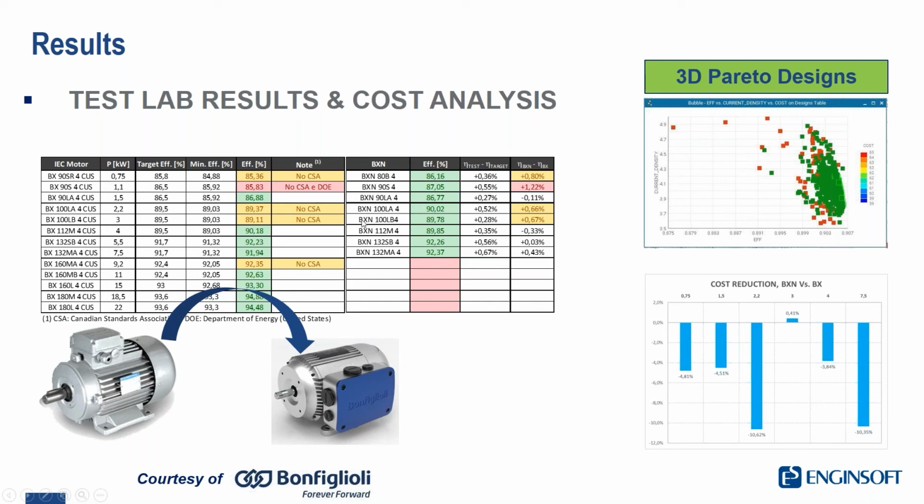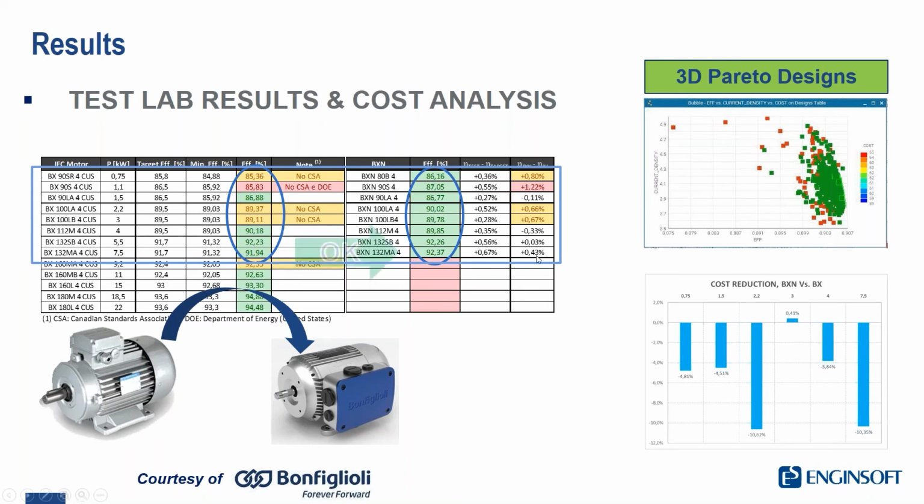And as you can see from the table on the left part of the slide, all efficiencies for different sizes, for different powers of the electric motor, have been improved, and now the new efficiency value exactly respects the North American regulation, the North American certification.